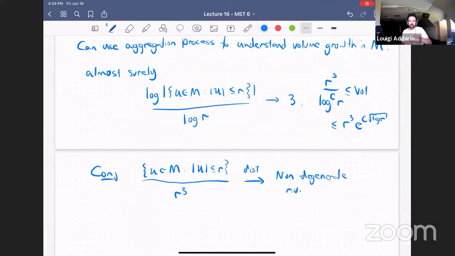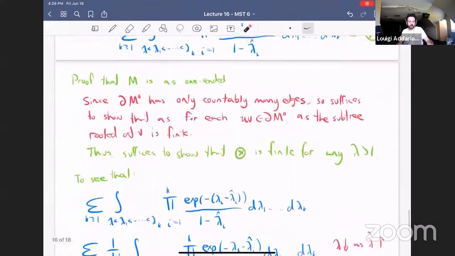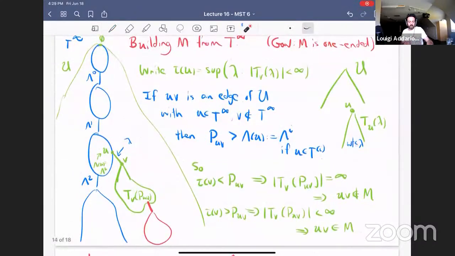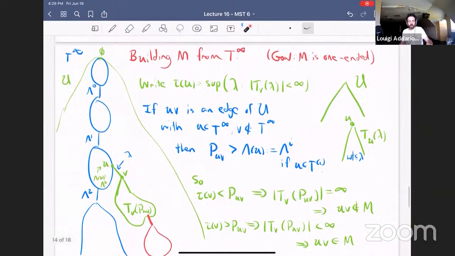Finer information is known about T infinity, like how the random walk behaves on it, its typical distance from the origin, things like that. Not enough is known about M yet to say the same things, so it's probably a fairly fertile playground to study this tree in more detail.